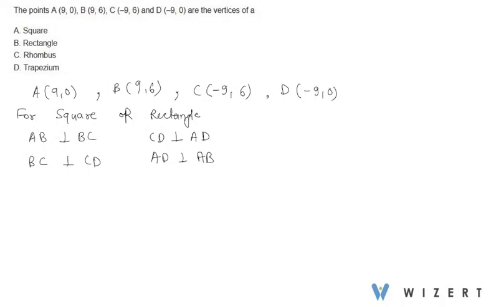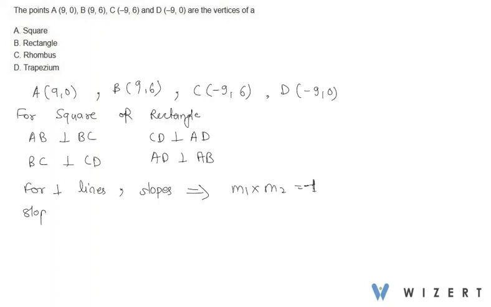Now, we know that for perpendicular lines, the slopes follow this relationship: m1 times m2 equals -1. So let's check for AB and BC.